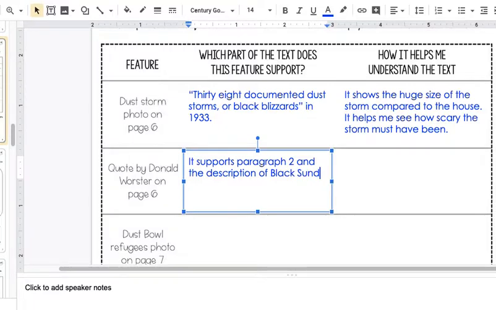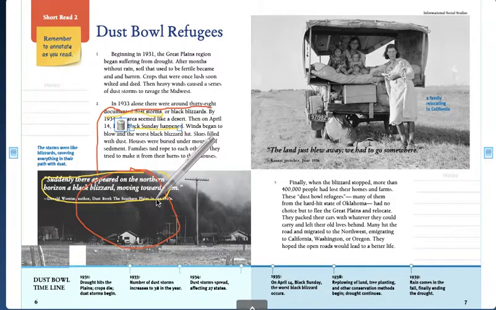of Black Sunday. So notice for this one I put a quote that it supported, and this one I just kind of described what part of the paragraph it supports. Either one is okay. So how does this help me understand the text? How does the quote help me? Well, it tells me how suddenly the storm came and that people were able to watch it, because it says suddenly it appeared moving toward them.